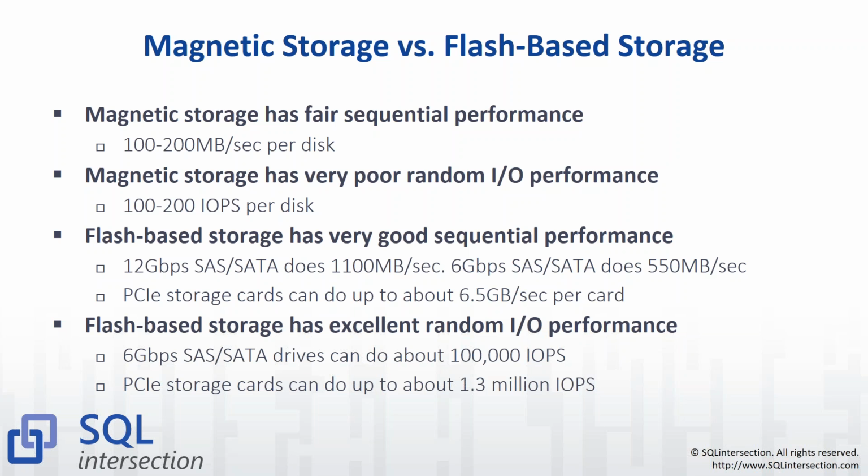The very best SAS and SATA you can get now will do about 1100 megabytes per second, but it's much more common to use SAS or SATA level 3, which is only about 550 megabytes per second. PCIe storage cards can do a lot more depending on how much you spend on them, but where they really excel is on random I/O performance, anywhere from 100,000 IOPS to more than 1 million IOPS on some of the very highest-end ones.